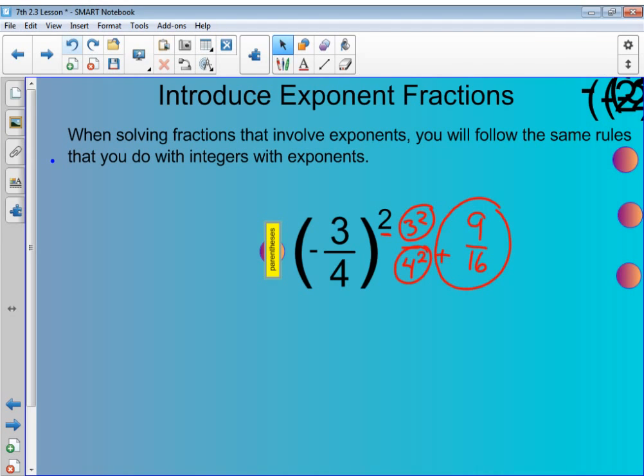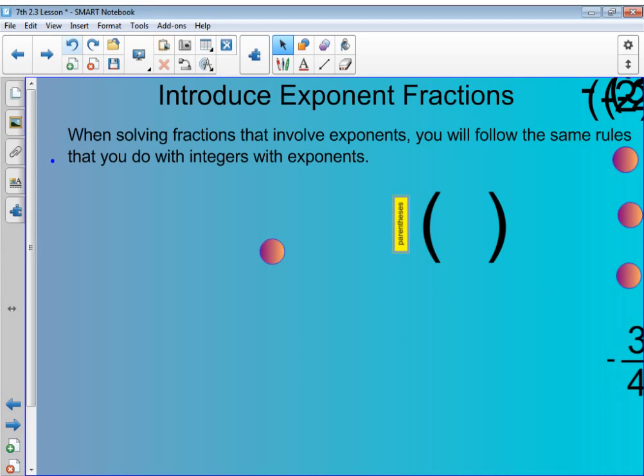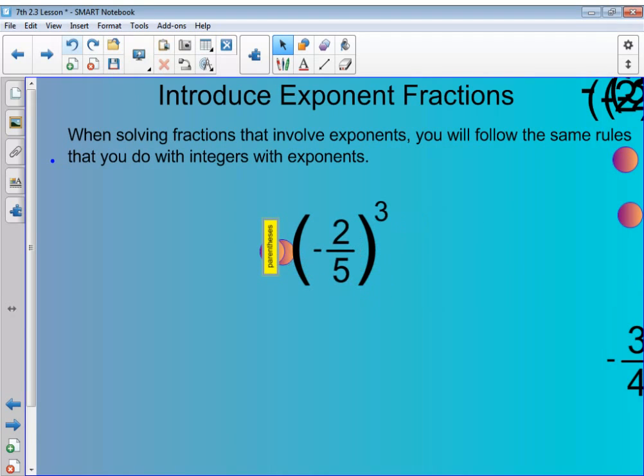Positive. Okay, so I want you guys to try this next one. So you have negative 2/5 to the 3rd power. Your negative is included in there, and your exponent is telling you how many negative signs are there.